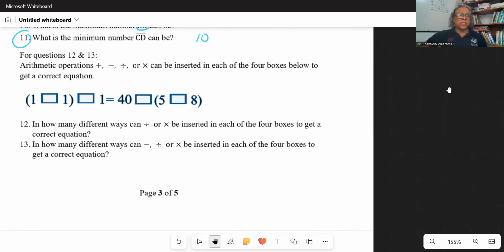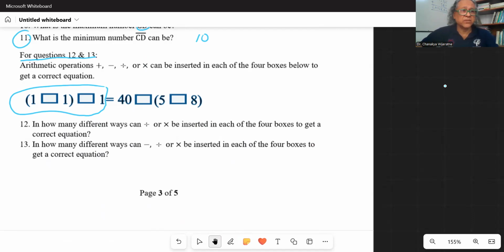So let's look at number 12. Number 12 and 13 have a common setting. Arithmetic operations plus, minus, division, multiplication can be inserted in each of the 4 boxes below to get a correct equation. So we know equation, right? We can talk about the left-hand side of an equation. When you look at this equation, what is to the left of the equals sign?